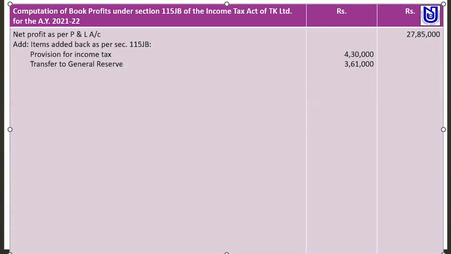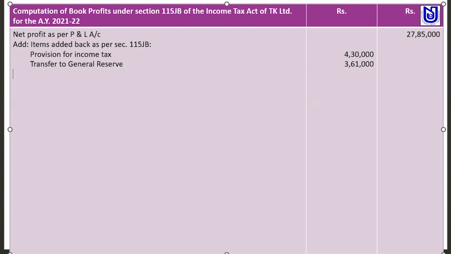Then in the problem, provision for gratuity. Gratuity means a payment made to the employees after their completion of service. But this is not an actual payment. This is a provision, so this provision is an unascertained liability. This is not an ascertained liability that we have to pay. We have simply made a provision.